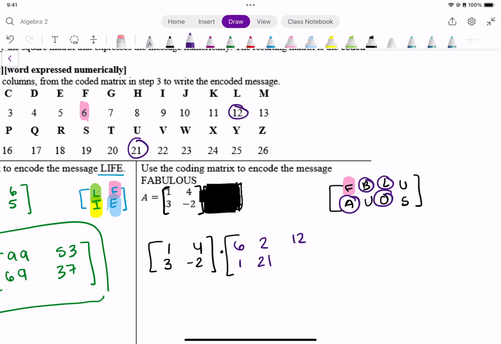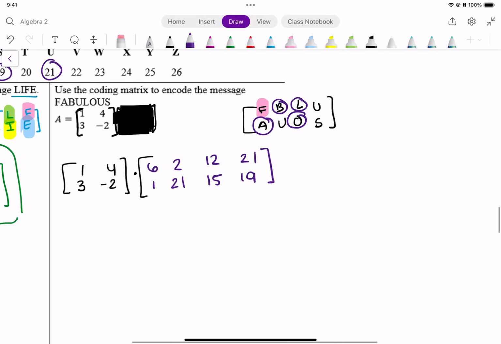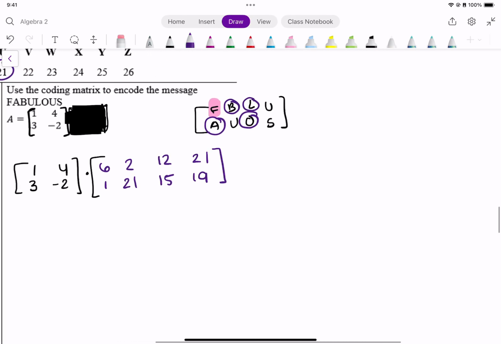O. Where's O? There, 15. U is 21. And the last one is, sorry, not 5, it's S. S is 19. Okay, so there we go, we found the word. We have our base.